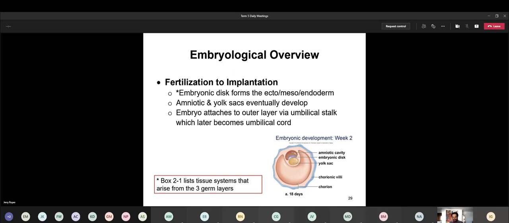But either way, the 3 germ layers here are the ectoderm, mesoderm, and endoderm. We know that they're going to give way to all of these different organs and structures. As we said yesterday, when we think about lung development, they're really going to derive from the endoderm layer.